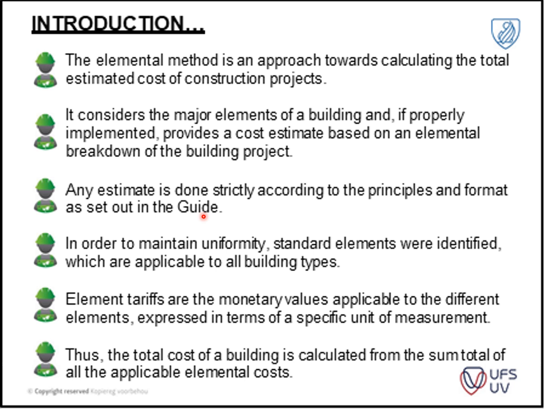Any estimate is done strictly according to principles and format as set out in the elemental guide, in order to maintain uniform standard elements, where uniform elements were identified which are applicable to all building types. Elemental tariffs are the monetary values applicable to the different elements, expressed in terms of the specific unit measurements. Thus, the total cost of a building is calculated from the sum total of all the applicable elemental costs. Okay, still very straightforward.